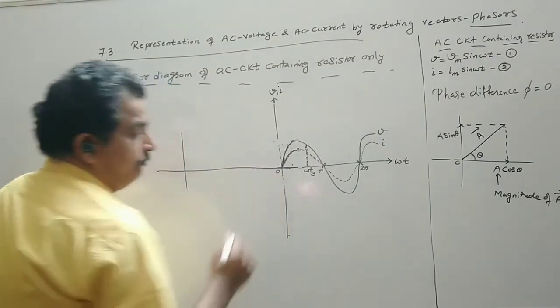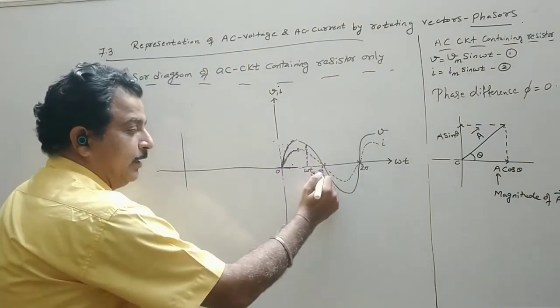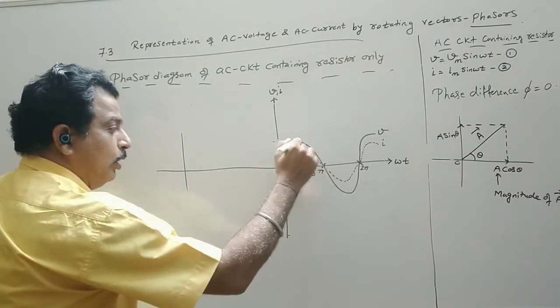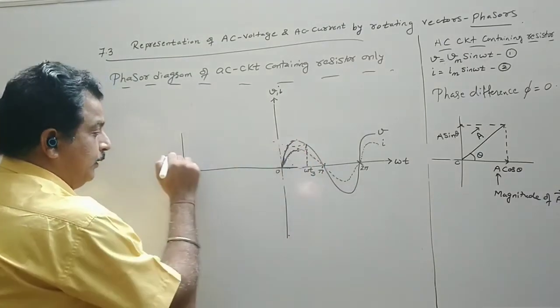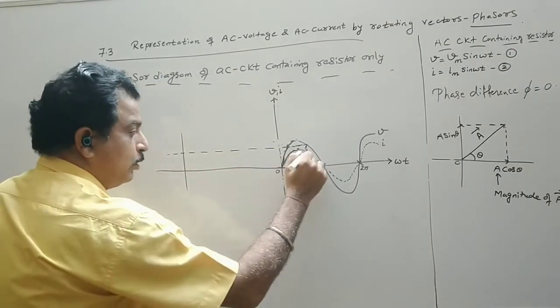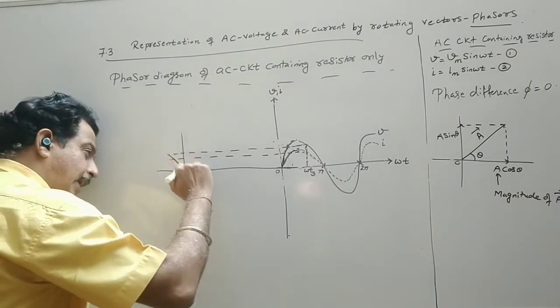Clearly, we know that this angle is 90 degrees, this is pi, so it is more than 90. So again you draw the component, and from this also I join this line.